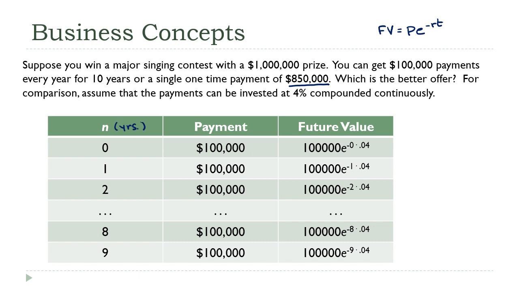How much money would I have to invest to end up with that $100,000 that I get instantaneously? Well, hopefully it's kind of intuitively clear to you that that's just the $100,000. And the formula supports that because this is e to the 0, which is 1, and sure enough, that's the $100,000.